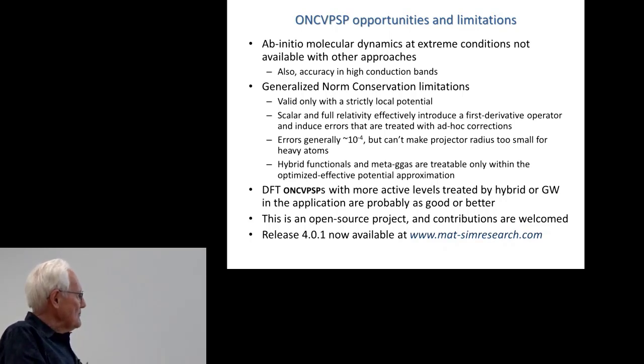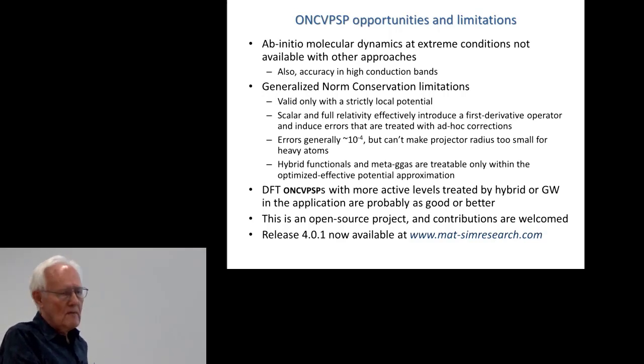However, one thing that this tells me is to stay away from hybrids and meta-GGAs because I believe they can only be treated properly within an OEP, optimized effective potential approximation, and that's probably not worth doing.